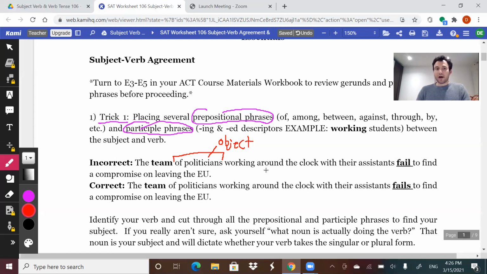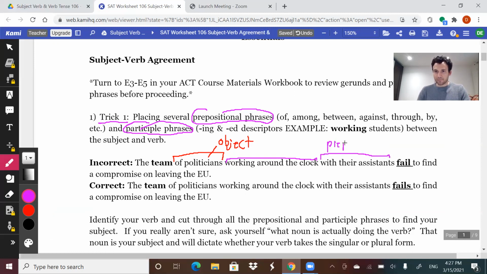The next thing you have right after the prepositional phrase is a participle phrase, working around the clock. Again, that's just a descriptor. Of politicians is describing team, working around the clock is just describing the politicians, and with their assistants is just, again, describing the politicians, another prepositional phrase.